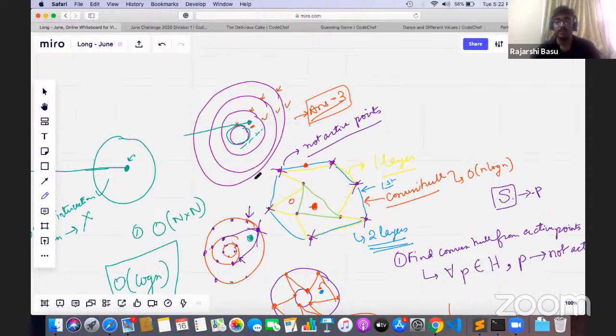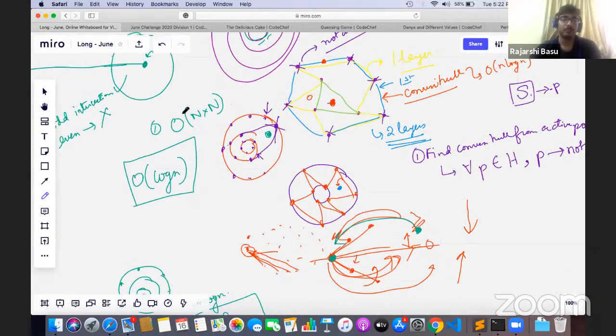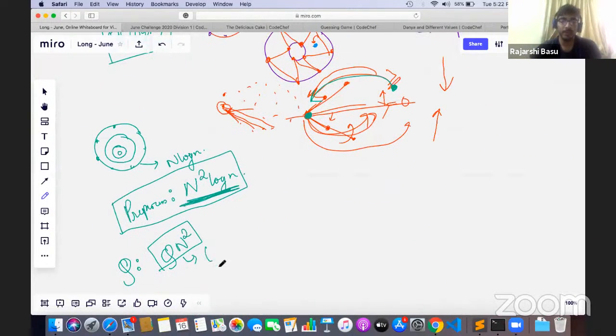So you can binary search for the first hull that contains the candle point, and that will take you log n time. So for every query you can make this q n log n total complexity.